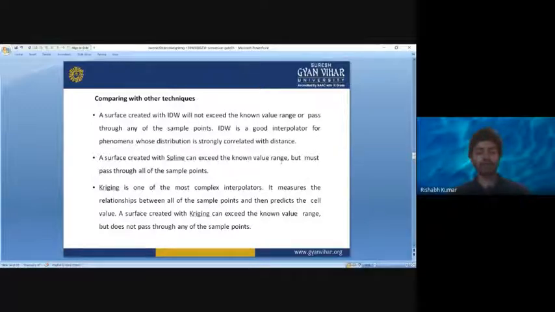Whereas kriging is one of the most complex interpolators, and it measures the relationship between all of the sample points and then predicts the cell value. A surface created with kriging can exceed the known value range. So similarly to spline, in kriging also the calculated or predicted value can be higher than the highest input value.